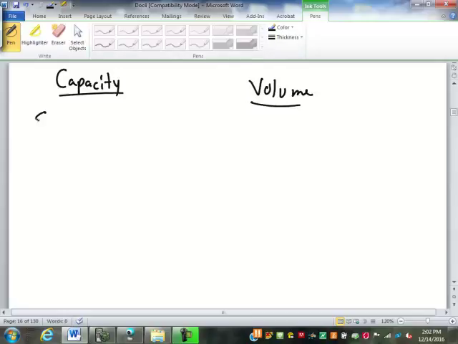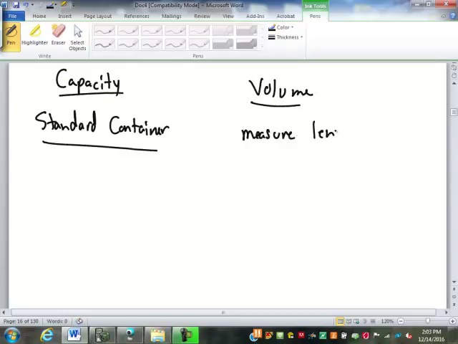Capacity is actually a standard container, a standard size container. Volume is found by measuring lengths and then combining those lengths, multiplying.